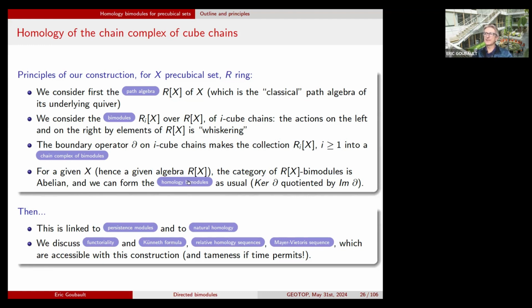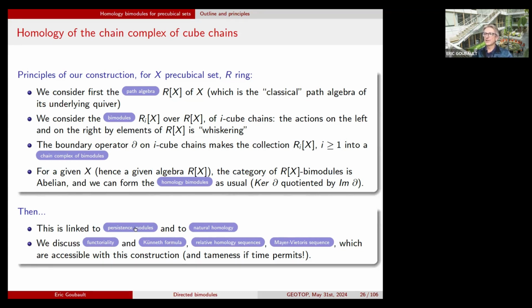And then I can define homology bimodules over the path algebra because bimodules over a given algebra form an abelian category. So I can just quotient kernel over image of that boundary operator seen as an operator between bimodules over the path algebra.